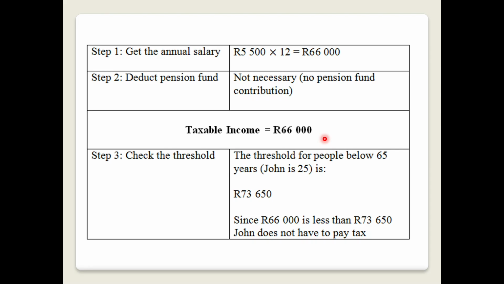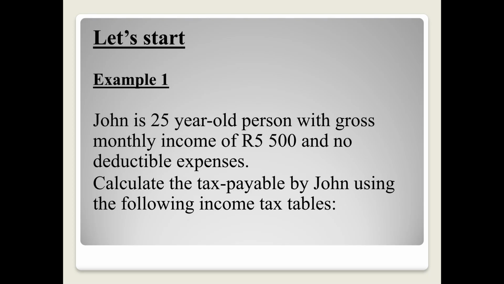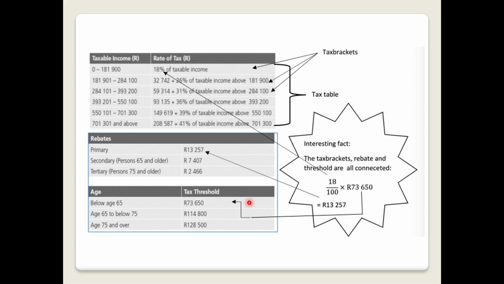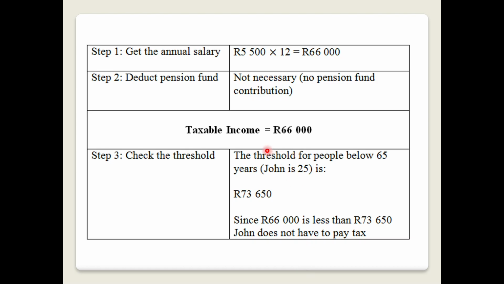Now, remember, check the threshold. So the threshold for people below 65, remember John was 25 years old. There's the threshold. So the threshold below 65, 73,650, all right?